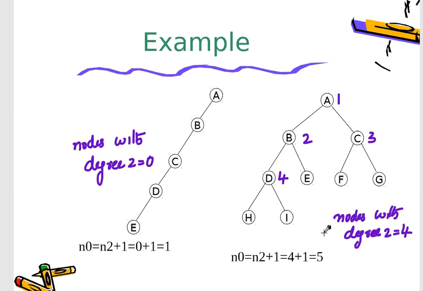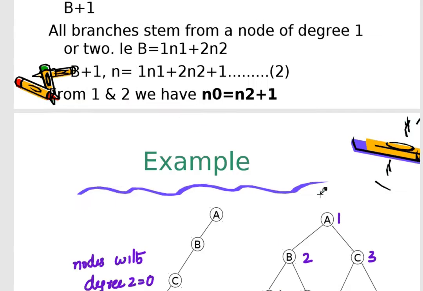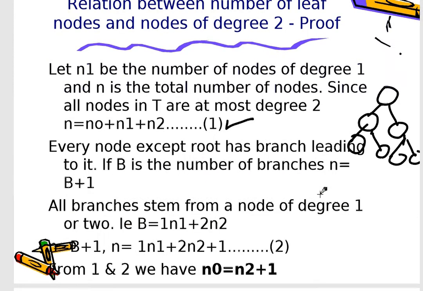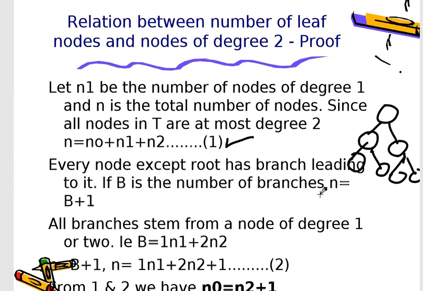Now how this is being proved is very simple, but it is very important too. Here we have to assume certain variables. Let n1 be the number of nodes of degree 1 and n the total number of nodes. Since all the nodes in T are at most degree 2, that was already told, all the nodes will be either 0 degree, 1 degree or 2 degree.